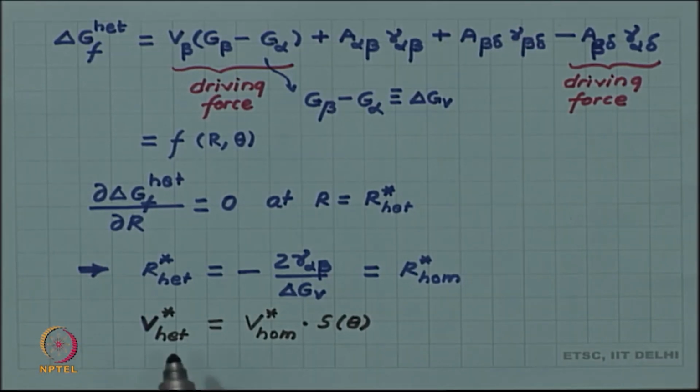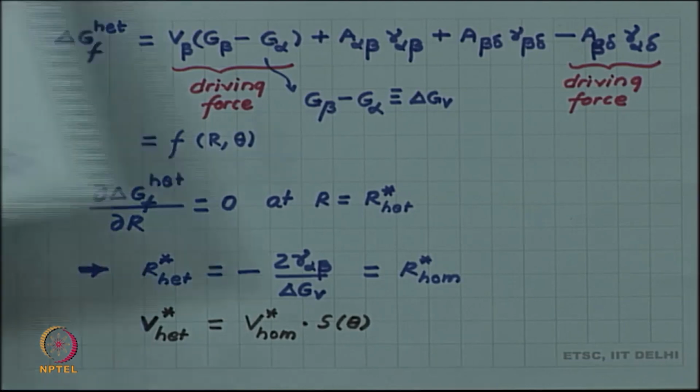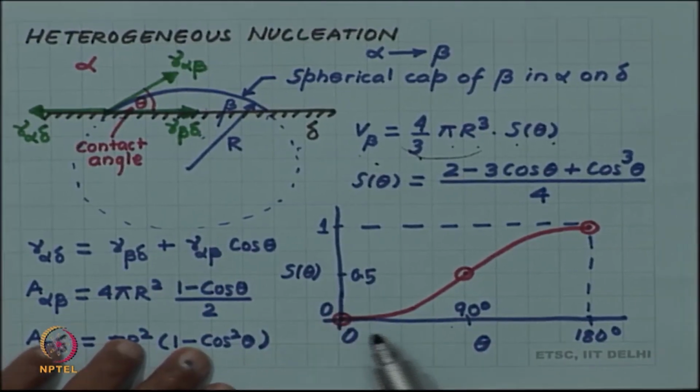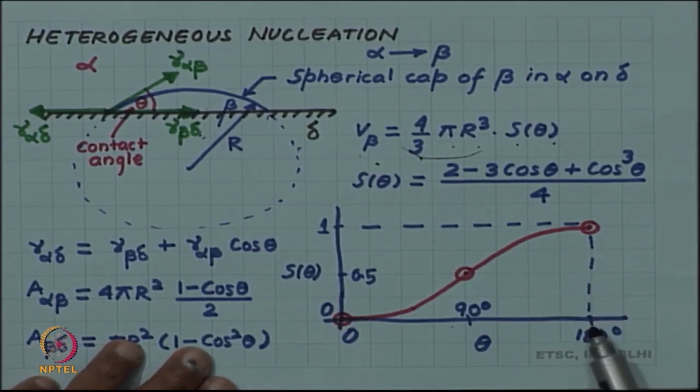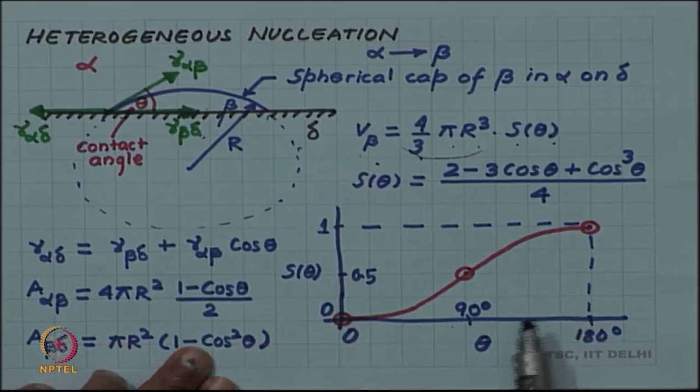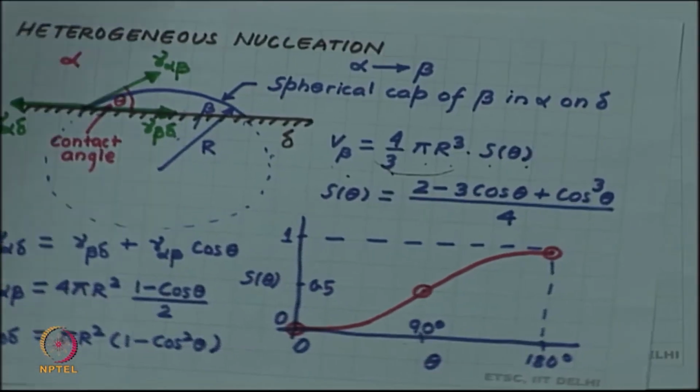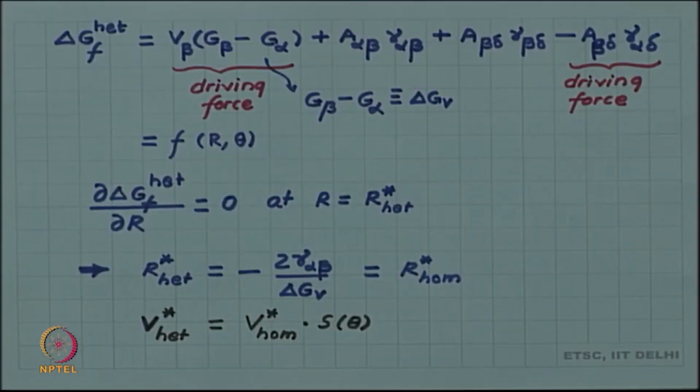The volume of the critical nucleus for heterogeneous nucleation will be smaller than that for homogeneous nucleation by this factor S theta. Since S theta is always less than 1 except for theta equal to 180 degrees, and theta is the contact angle, smaller is the contact angle, smaller will be the volume of the heterogeneous nucleus.